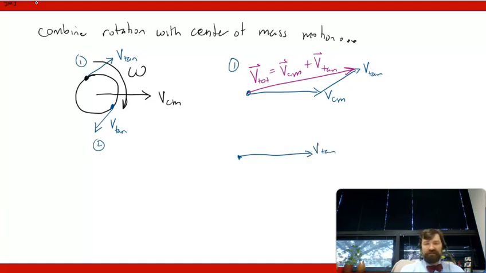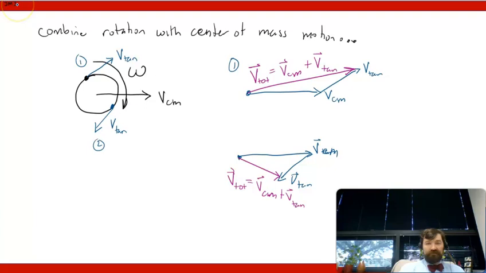I have my tangent here, and then somewhere over here, or excuse me, this is my center of mass. Somewhere over here I have my v tangent. And so my total for this point will actually point in this direction and have a shorter length. So v total, once again, is v center of mass plus v tangential.